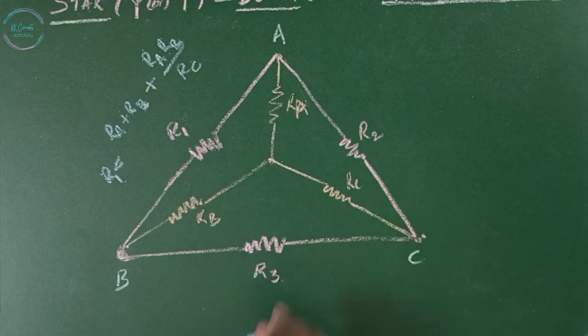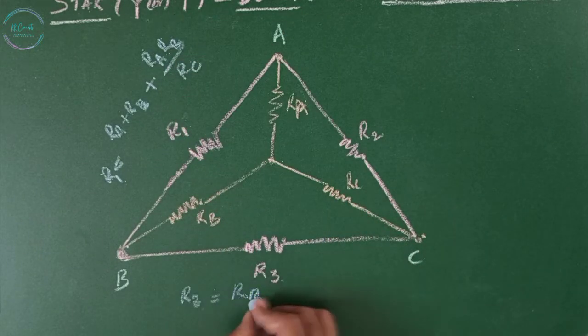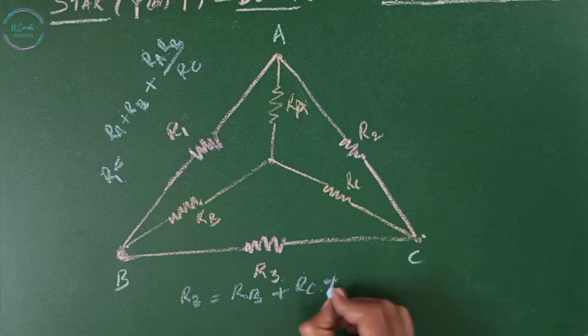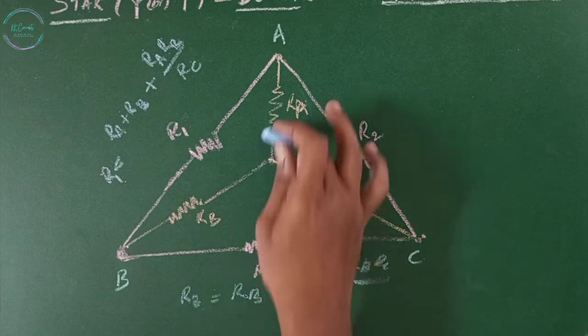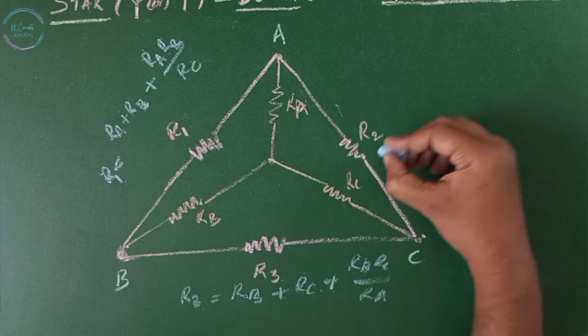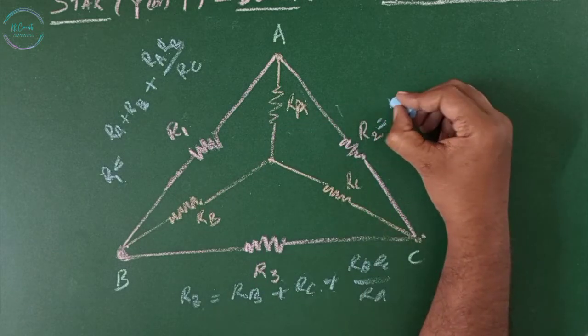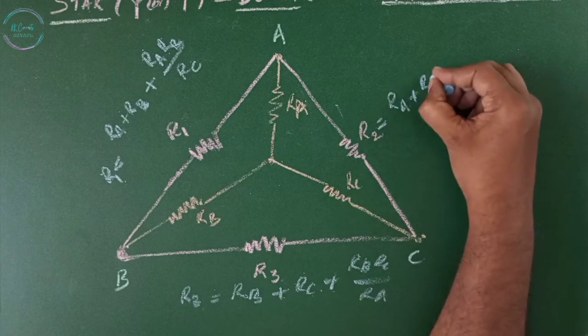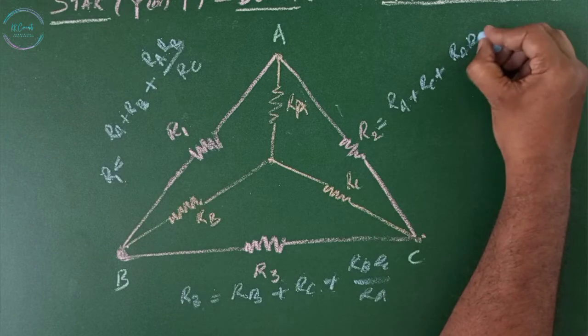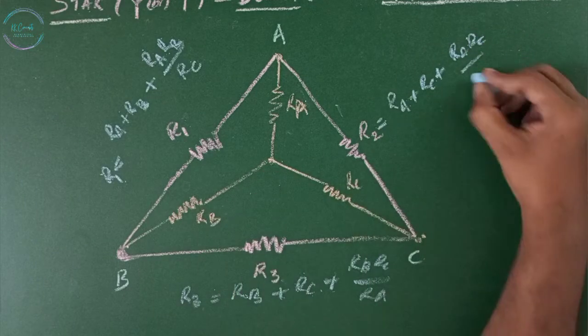R3 equals RB plus RC plus RB RC divided by the remaining one, RA. R2 equals the connected resistances RA plus RC plus RA RC divided by the remaining resistance RB.